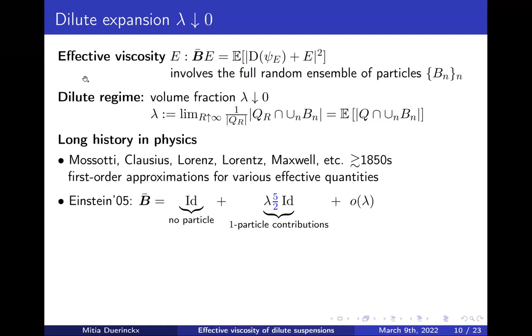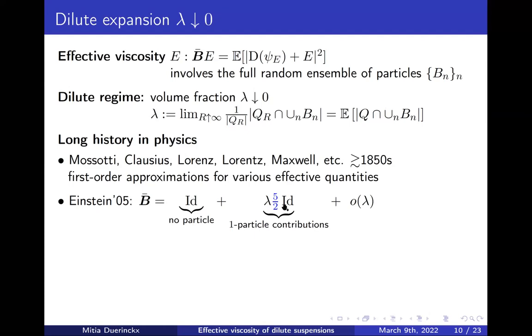So for our problem of effective viscosity, it was first computed by Einstein, following the techniques that were developed before to compute dilute expansions. And what he computed is the following. To leading order, of course, B bar is just the viscosity of the plain fluid, which is one, and you don't consider any particle.